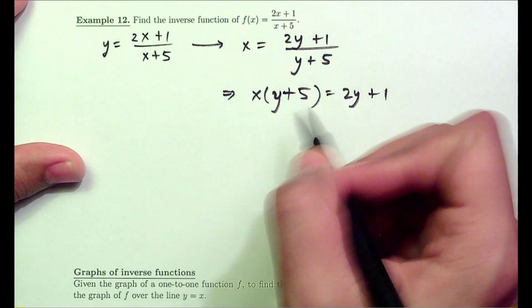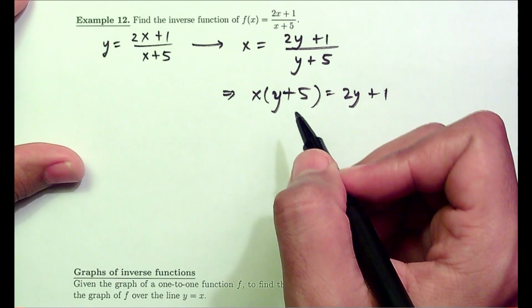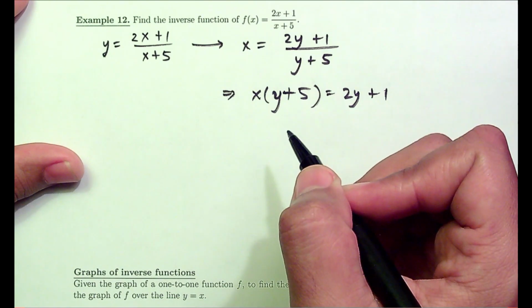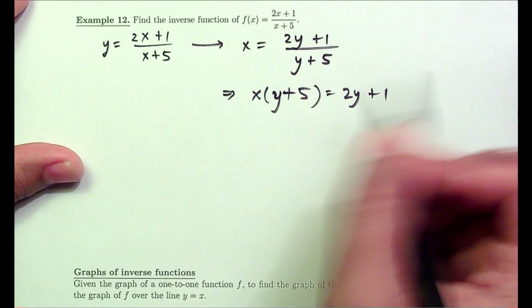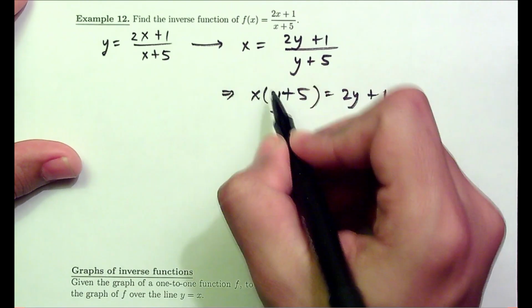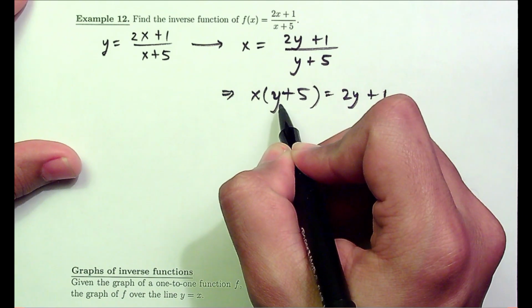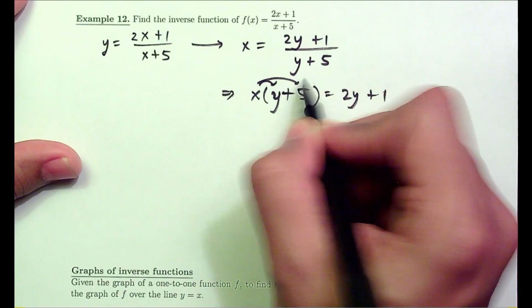Alright, now we need the y. So that means we need all the y's on the same side, and everything that doesn't have a y on the other side. But before we put all the y's together, we need to get this y that is trapped in these parentheses out of there. So to get it out, we need to distribute.